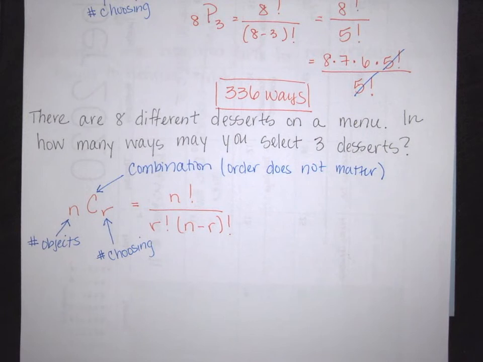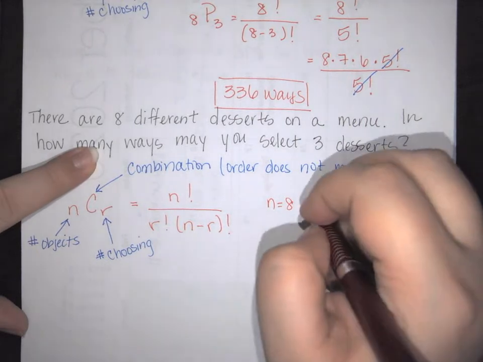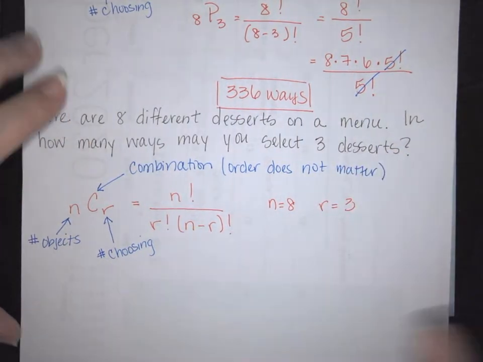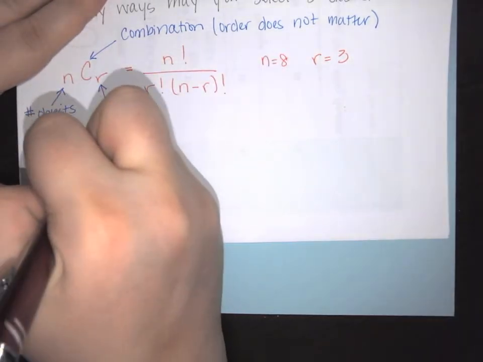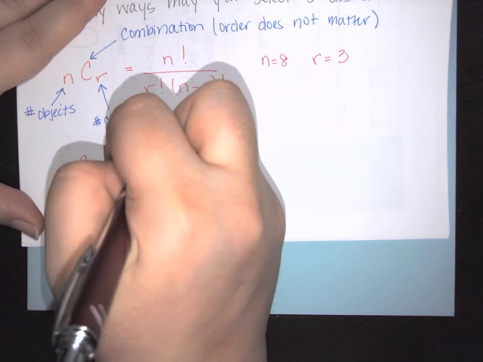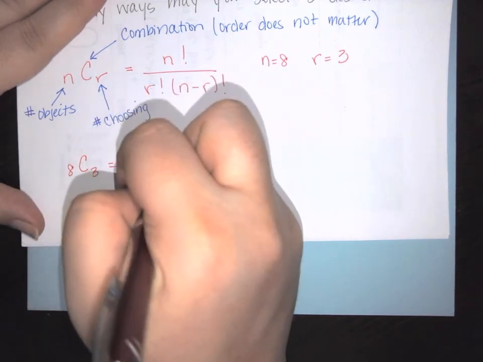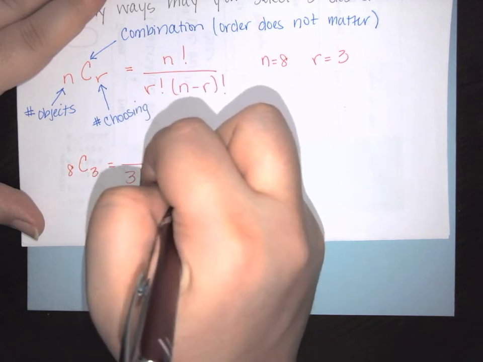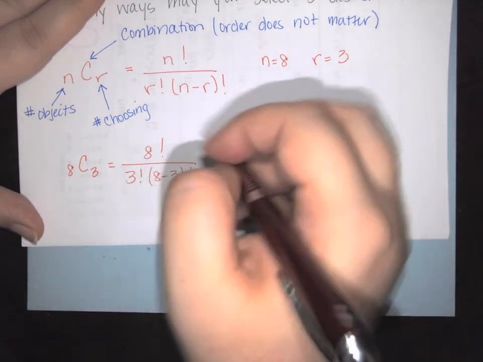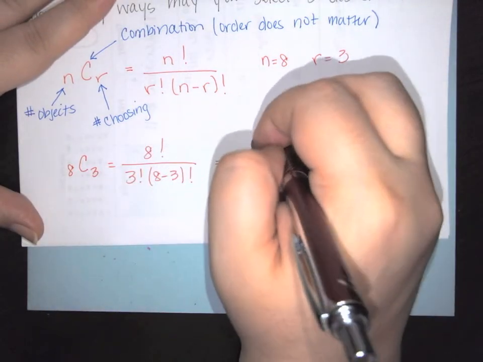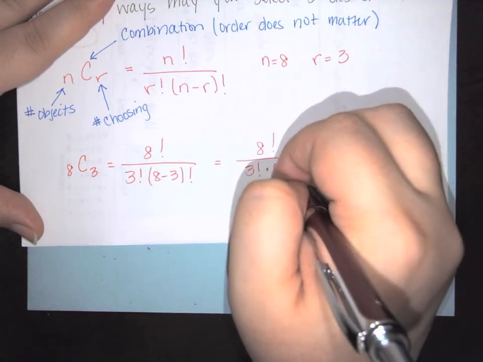So we still have 8 desserts to choose from, so my n is going to be 8. And I want to select 3 desserts. My r is 3. So here I would set this up as 8 choose 3. So this is 8 factorial over 3 factorial times 8 minus 3 factorial. So again, in simplifying here, we would have 8 factorial over 3 factorial times 5 factorial.